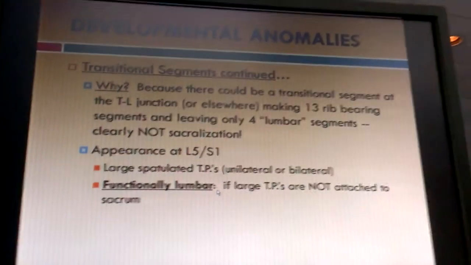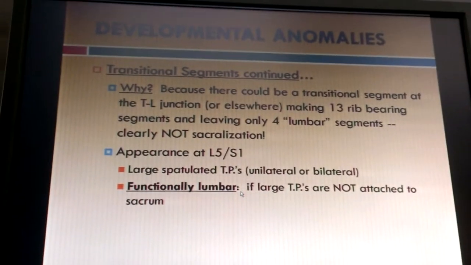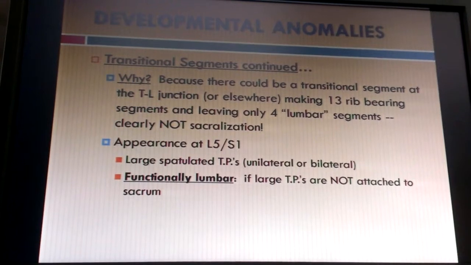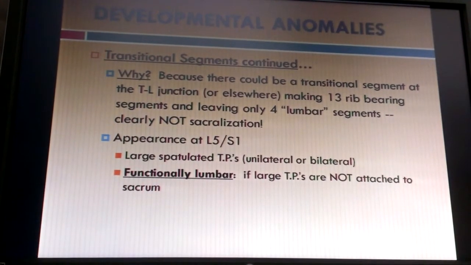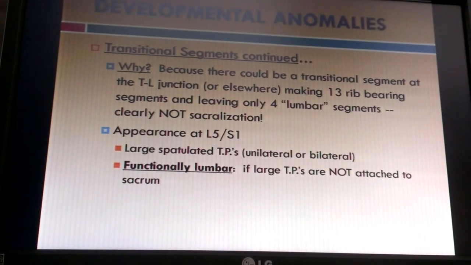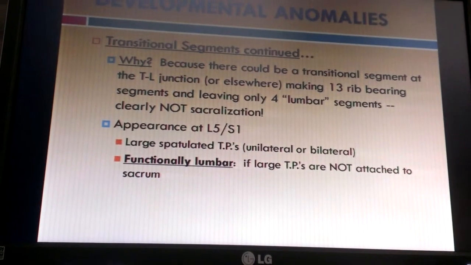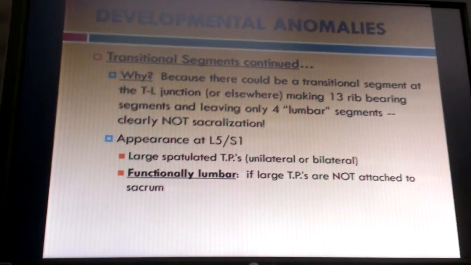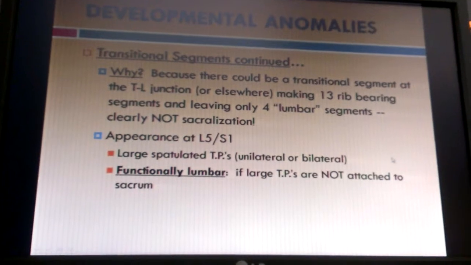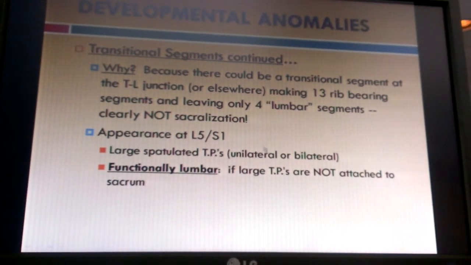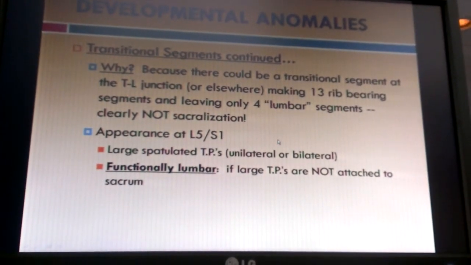Sometimes transitional lumbosacral segments are called just that, even if the transverse process is just spatulated and not articulating or even close to the ala of the sacrum.